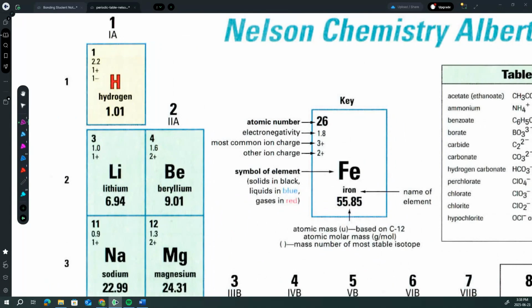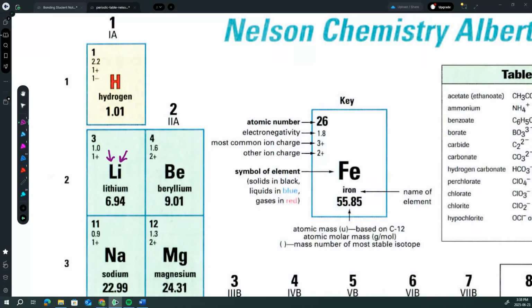So lithium is represented by the symbol Li, beryllium is represented by the symbol Be, so on and so forth. Now, oftentimes with these symbols, you'll notice that the first letter of one element is going to be capitalized, but the second one, if there's two letters that make up the symbol, is always going to be lowercase if you're only talking about one element there.